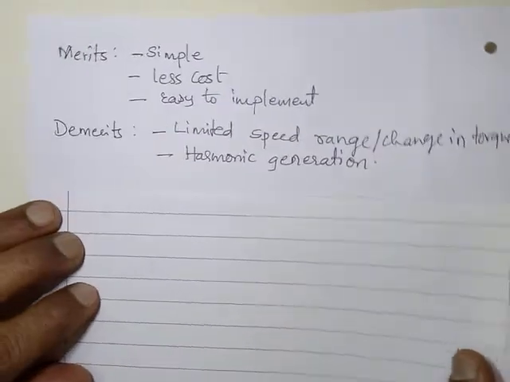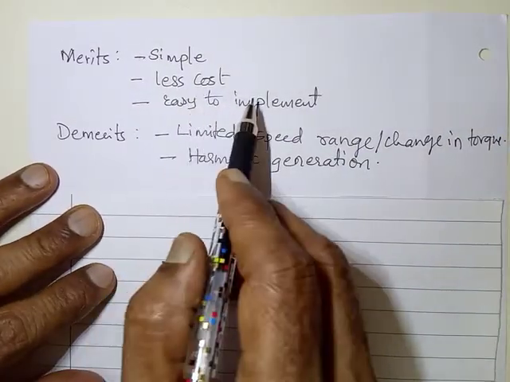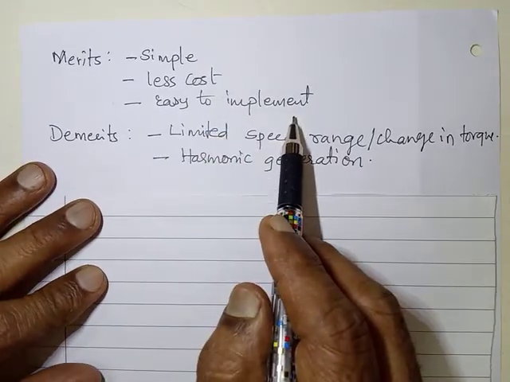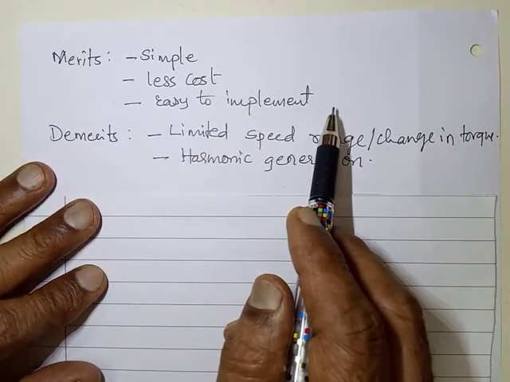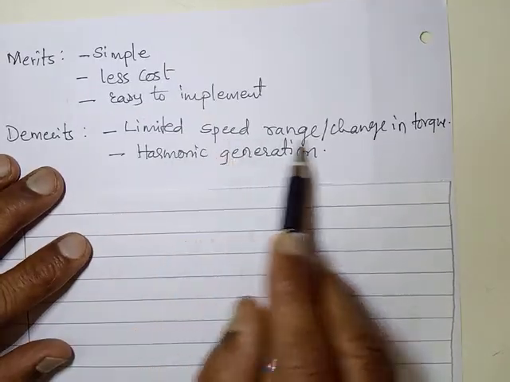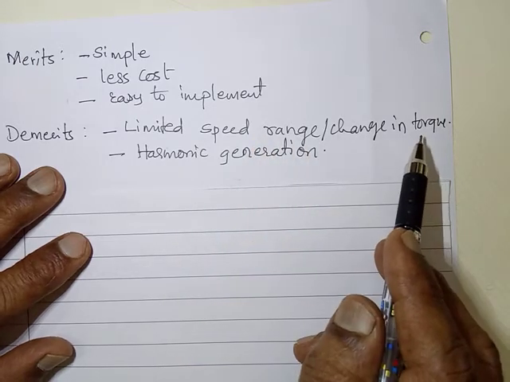It's a very simple method. Simple, and cost is less because of that simplicity, and very easy to implement. Change alpha, voltage will change, speed will change. But the demerit is the speed range is limited because it is a function of torque.